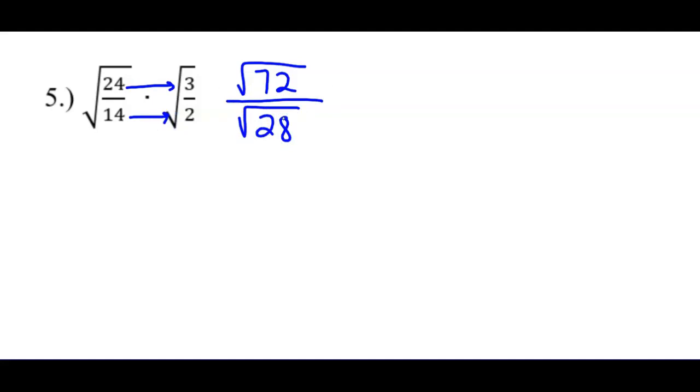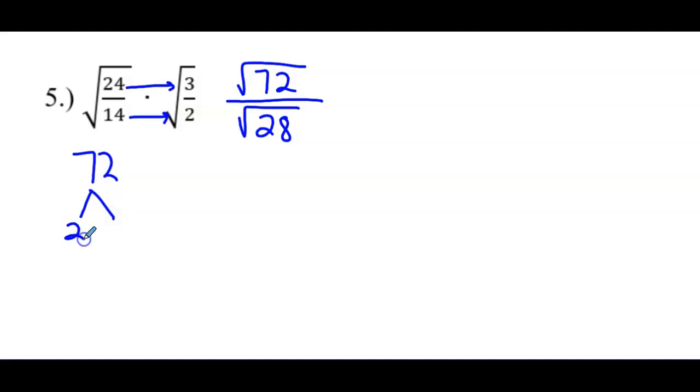Now here's the thing. I need to make sure that those are written in standard radical form, and they're not. So I need to find out what the square root of 72 is in standard radical form and what the square root of 28 is in standard radical form before I can continue. Okay? And so, let's see. 72, well, you could do your factor tree.